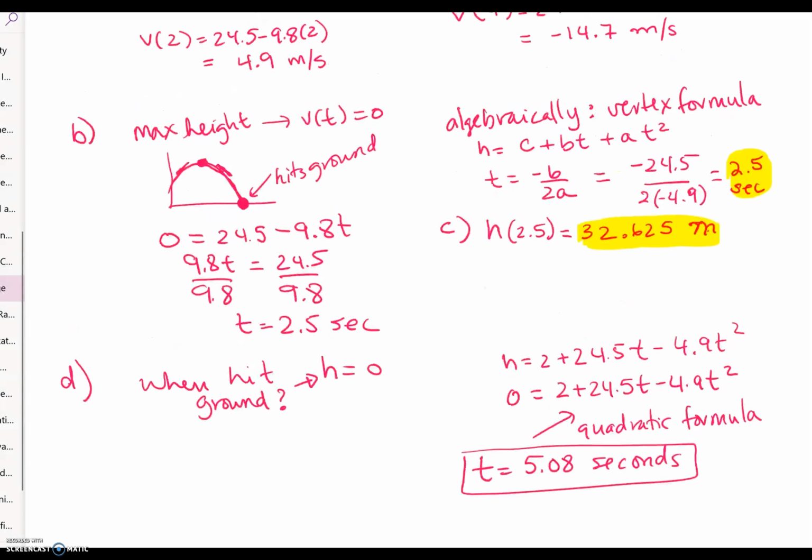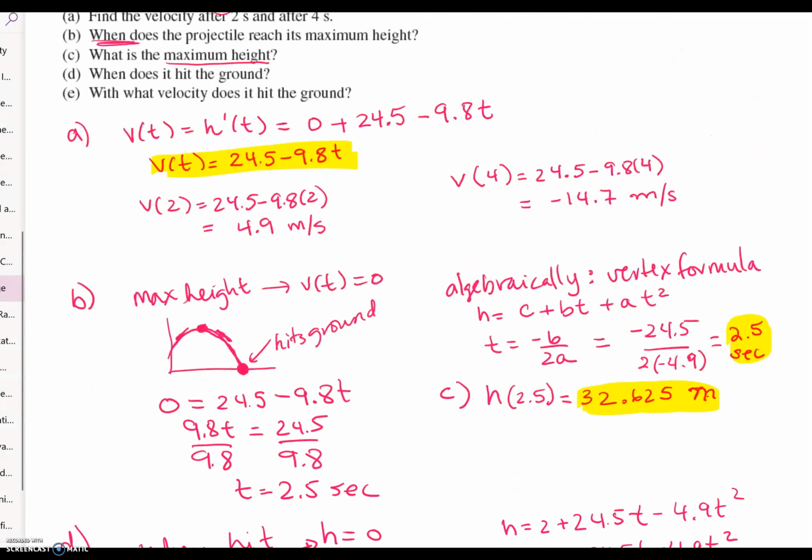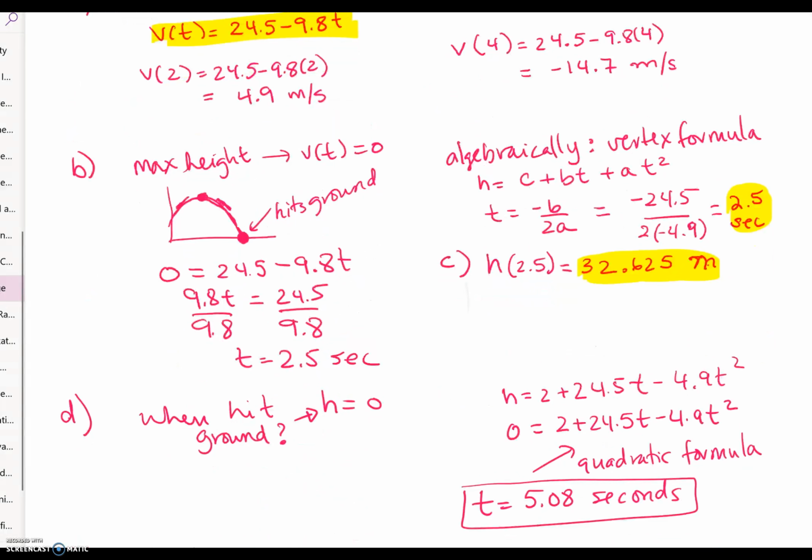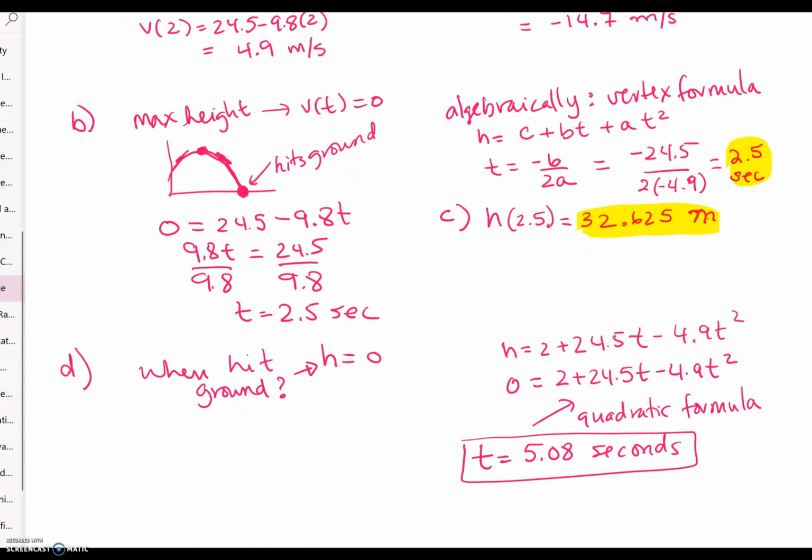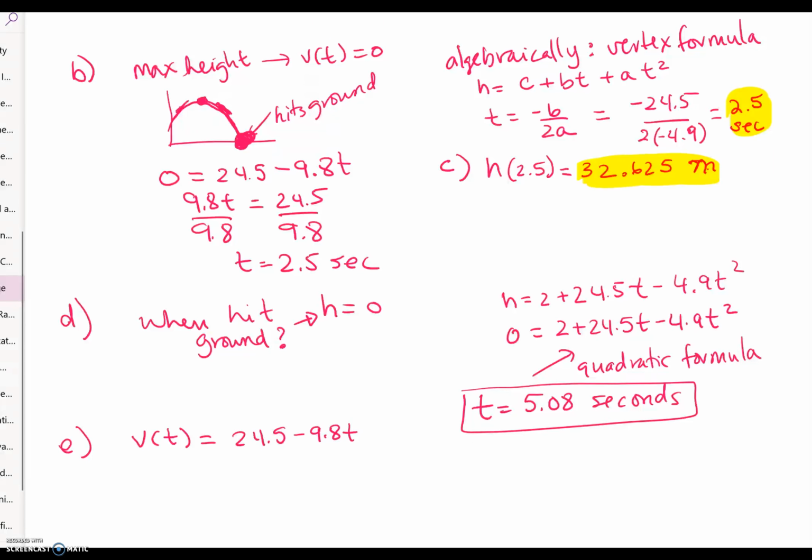And the last thing we have to answer is, with what velocity does it hit the ground? So when it comes down like this and hits the ground, what is the velocity at that time? Well, we have the velocity function, v(t) = 24.5 minus 9.8t, and we know it hits the ground at 5.08 seconds later.